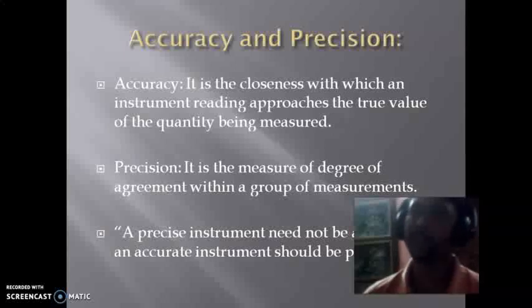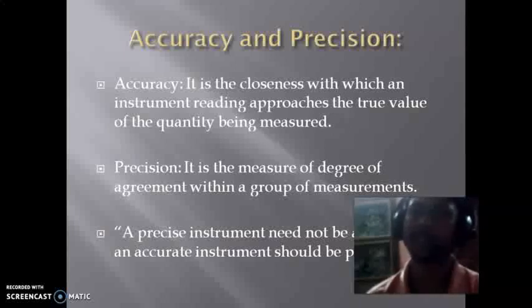Now if you take a lot of readings, and the readings belong to a group between 9.9 and 10.1, then the precision of this particular instrument will be very good. We can say the instrument is highly precise.